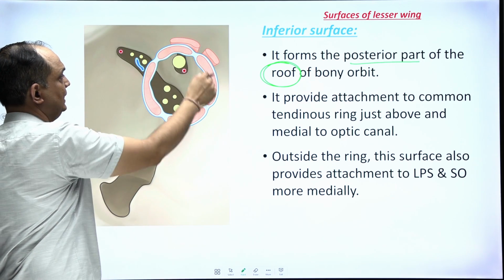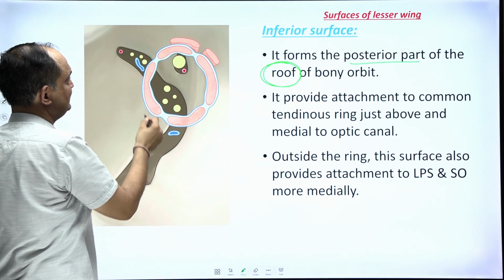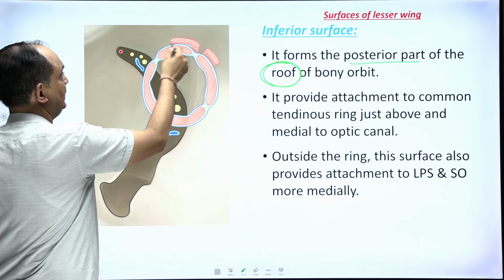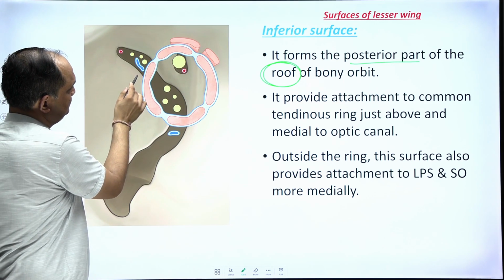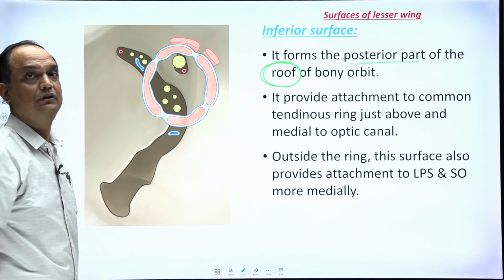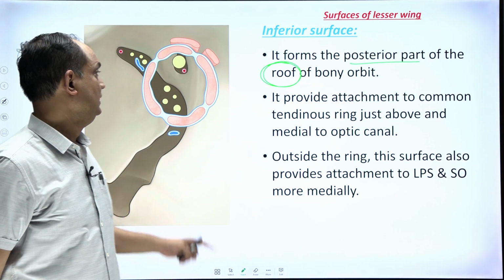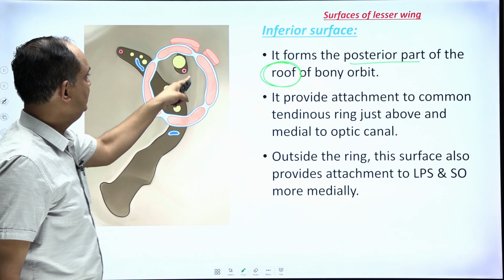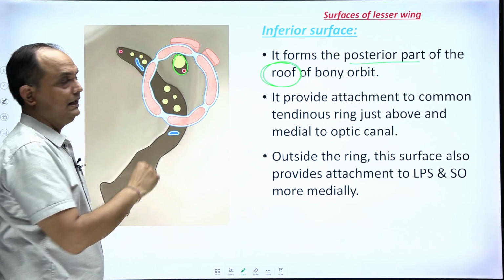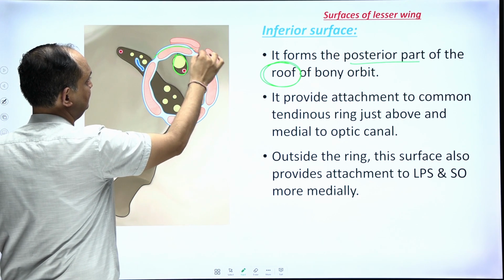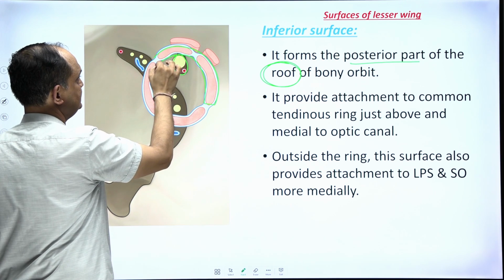In this area, as we discussed in the last class, there is the attachment of the ring of Zinn, and one part of the tendinous ring is attached on this projection on the inferior margin of the greater wing of sphenoid, and this is the lesser wing. In this lesser wing you will have the optic canal, and around this canal you can see the part of the ring which is attached here.